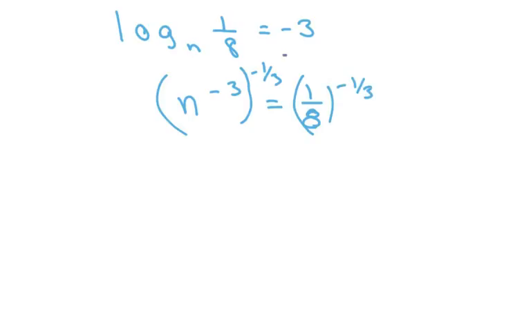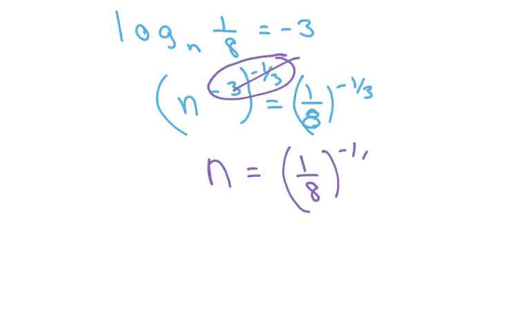And this takes care of this. This equals 1, so that goes away. So you have n equals 1/8 to the negative 1/3. To get rid of the negative, just flip this. So you get 8 to the 1/3. And 8 to the 1/3 is the same as the cube root of 8. So my n equals 2.